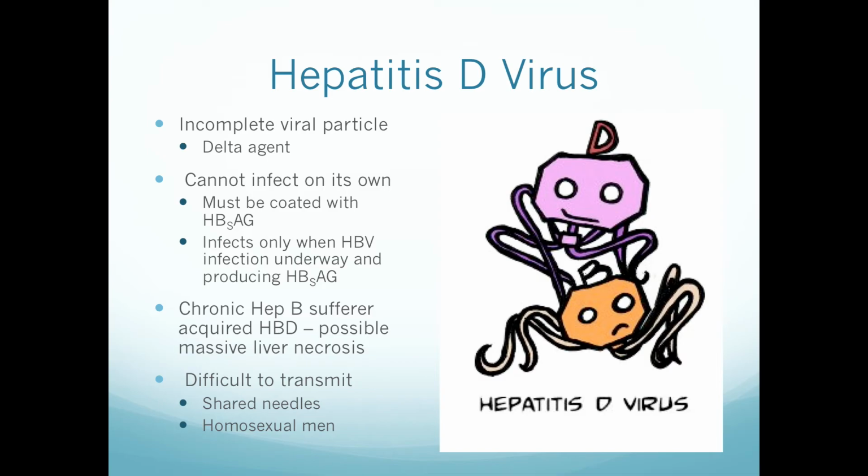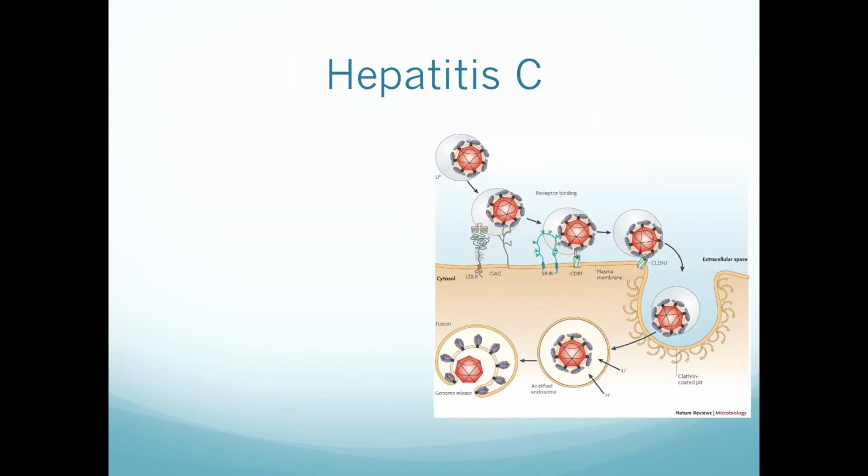Anal intercourse in general, female to male, involves more blood sharing between individuals than vaginal to penile intercourse, and the lowest rates of transmission are female to female intercourse. Okay, so hepatitis D can affect on its own, needs an active B infection, very dangerous, very bad, massive necrosis.